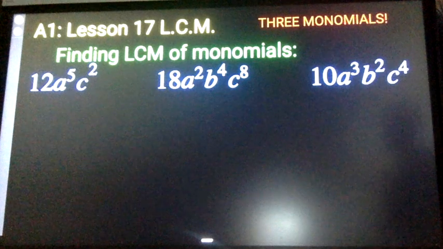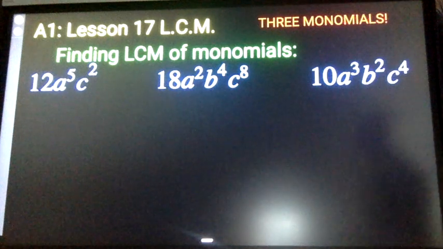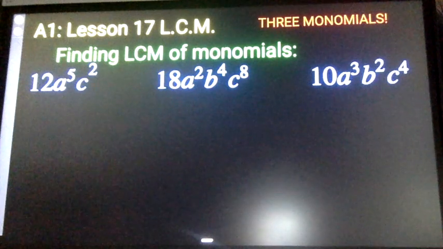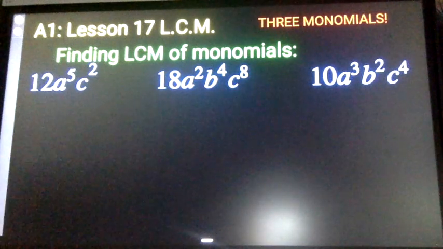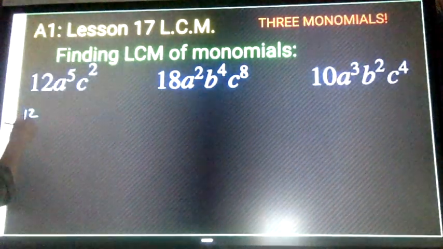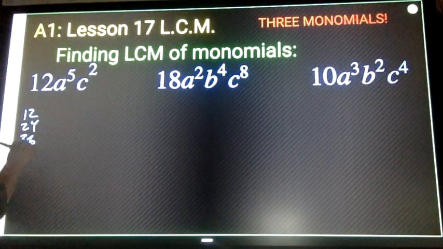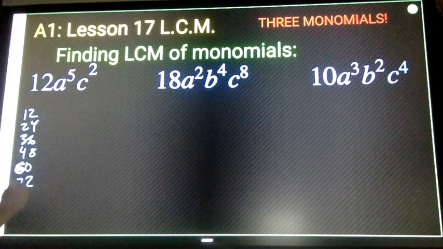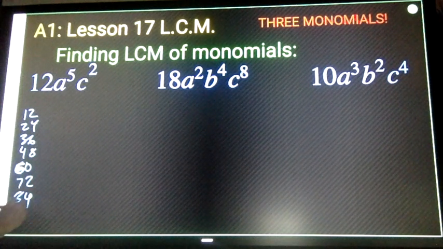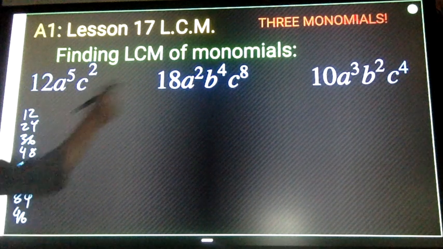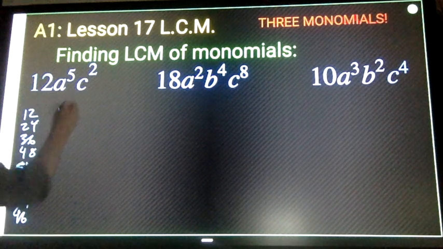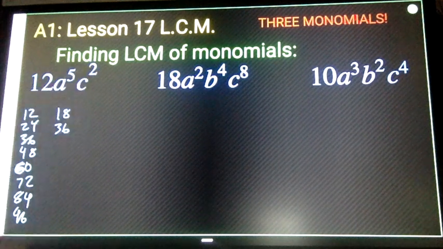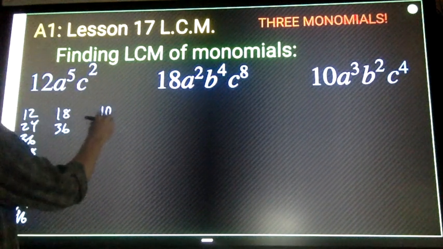What happens if you've got to find the least common multiple of 3 things? If you're going to use the method where you write out the numbers, so 12, 24, 36, 48, 60, 72, 84, 96, 18, 36. All right, we already came to something that is shared by them. The question is, does 10 also share it?